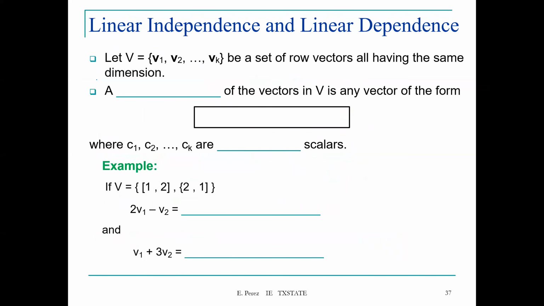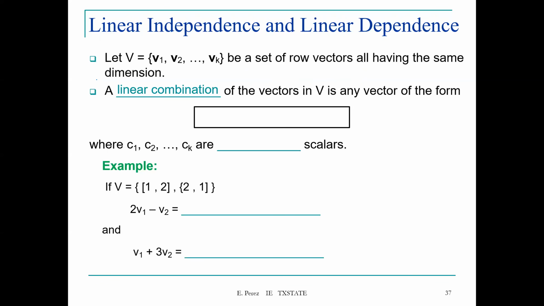So in order to start the discussion, we're going to let V equal a set of row vectors V1, V2, up to Vk, all having the same dimension. So each V1 is a row vector, V2 is also a row vector, and so on.